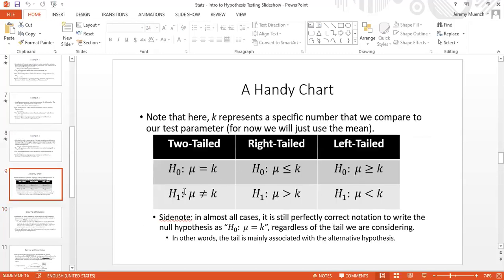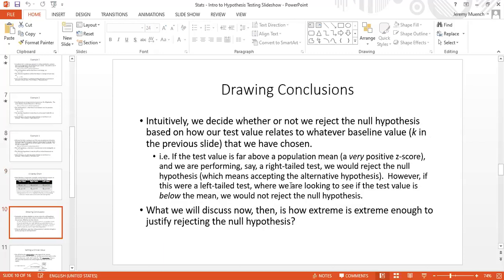So here I've chosen k, right? And I find that there's a difference, and so now I need to decide, is that difference significant enough? That's the key point in how we design hypothesis tests: how big a difference is big enough for us to decide that the null hypothesis is no good, that the null hypothesis does not seem to fit with what we're seeing.